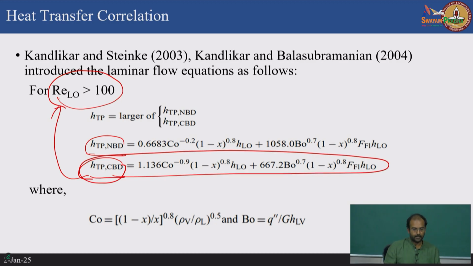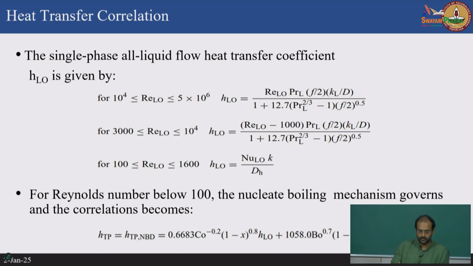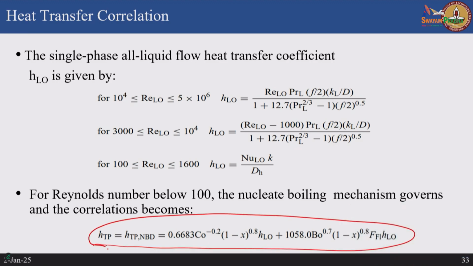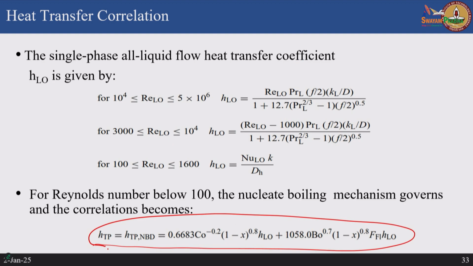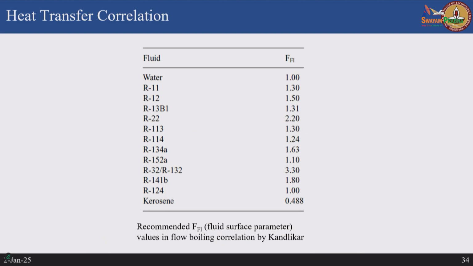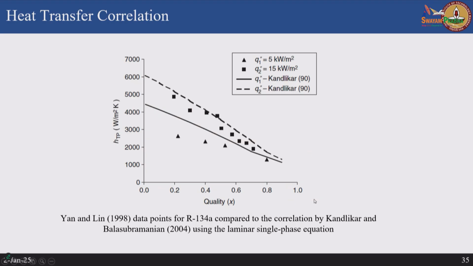If your Reynolds number is below 100, then it is dominated only by nucleate boiling, and you use only the nucleate boiling correlation. There are some more parameters, like the parameter f, which can be obtained for different working fluids. And this is the final plot of that correlation.